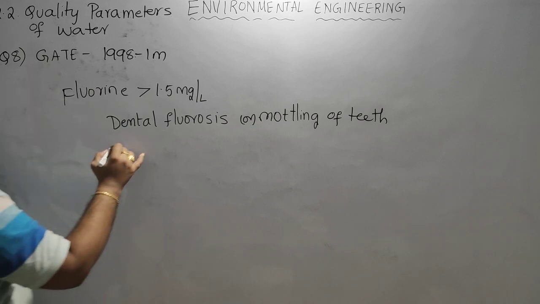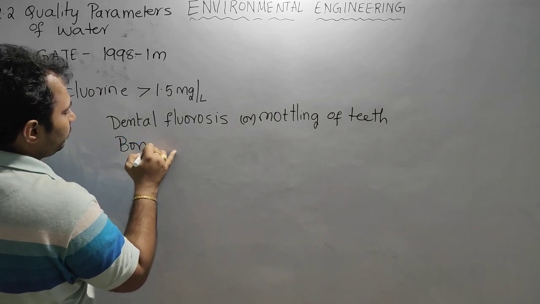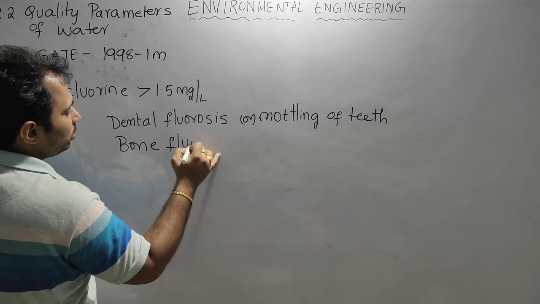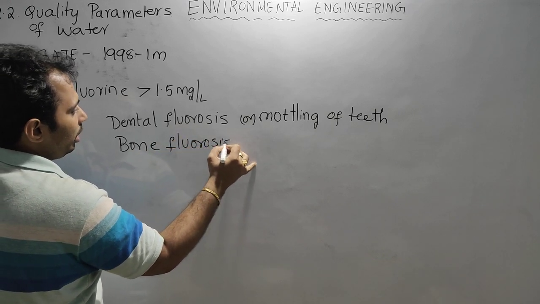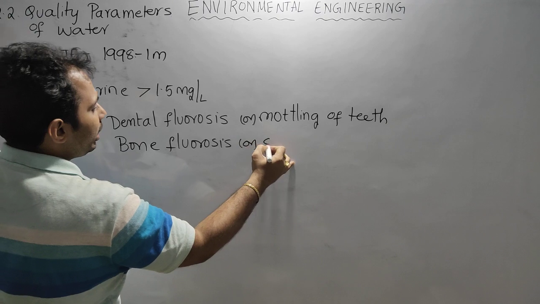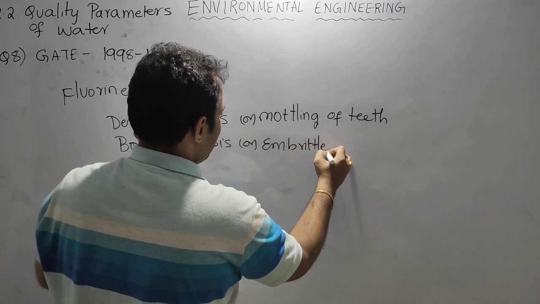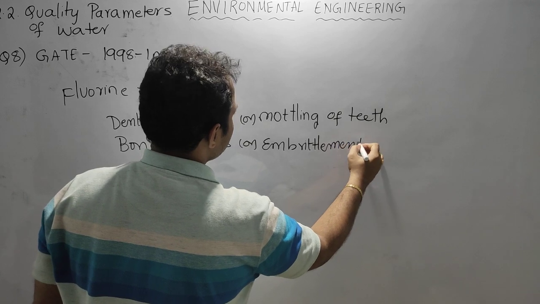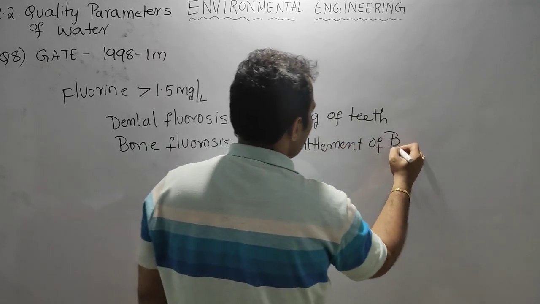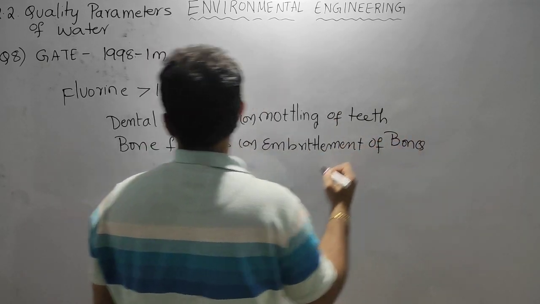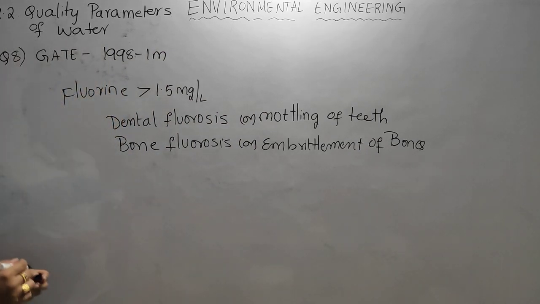And bone fluorosis or skeletal fluorosis is also called embrittlement of bones. So this is the bad effect of excess fluorine present in water. Excessive fluorides present in water.